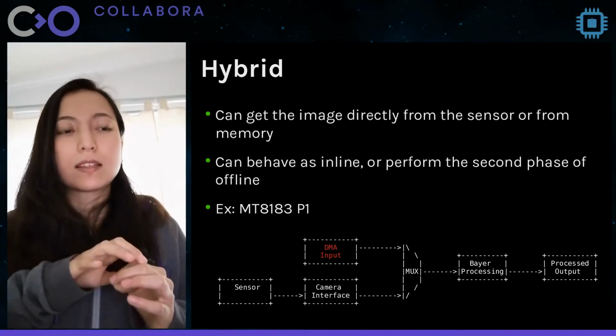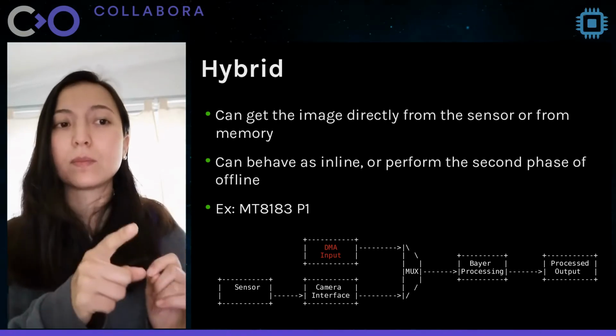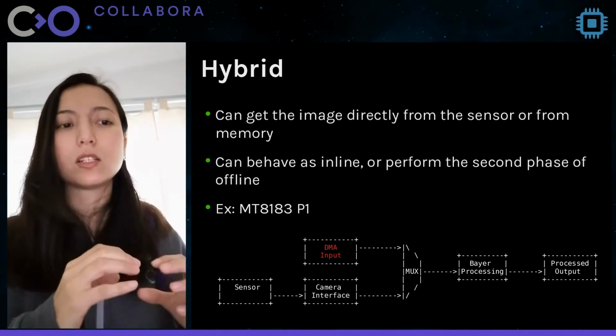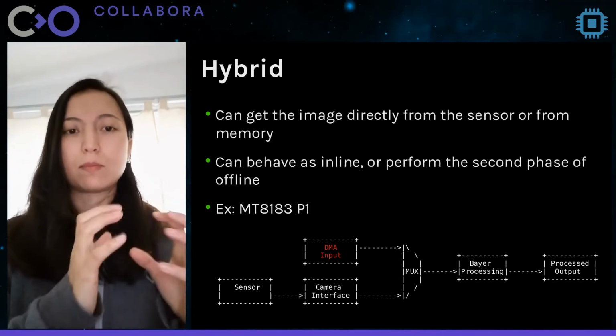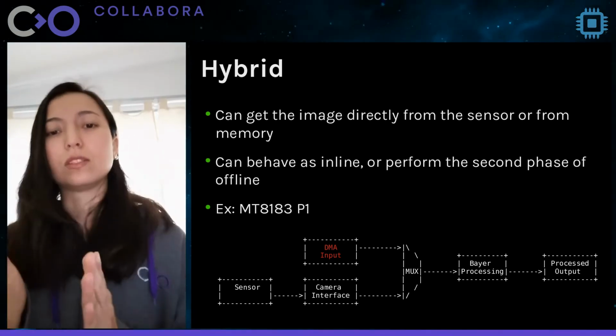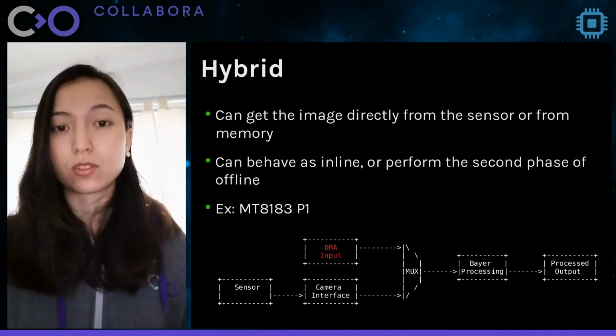So the image can come from those two paths. One is represented by the DMA input there, which is the memory, and the other one is a connection directly from the sensor, the sensor camera interface. This data goes to the binary processing and then it reaches memory for user space.